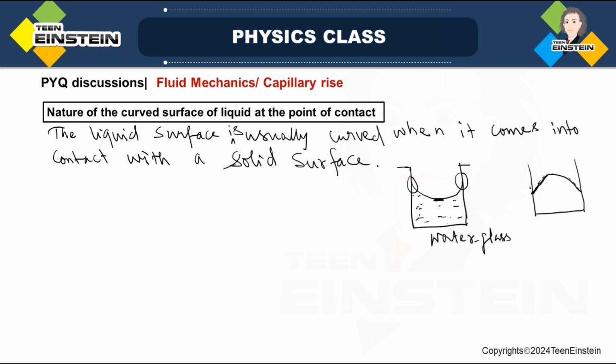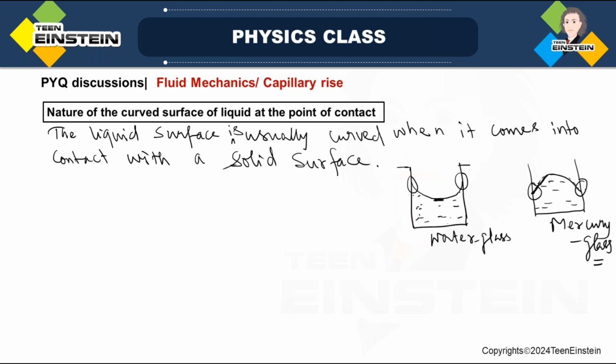So look at this point. This is actually depressed over here, and this is actually risen here, okay. This rises here and this gets depressed. This is mercury, the liquid is mercury, and the container is glass, okay.